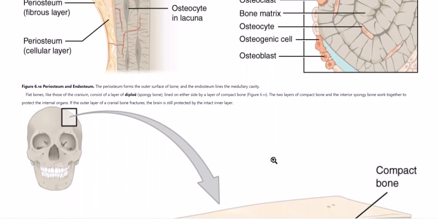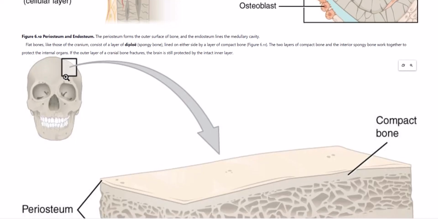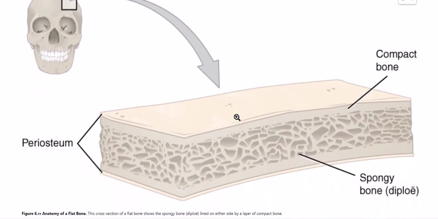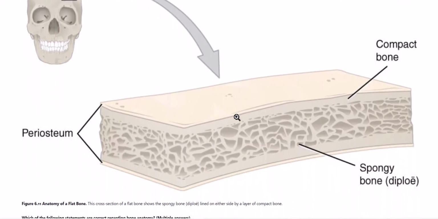Let's compare that long bone with a flat bone. Here we've taken a chunk of the frontal or parietal bone, and we are going to see that the architecture of a flat bone is quite different. What we have here is an outside and an inside. Imagine you have the scalp out here, the skin and hair on the surface of the cranium.